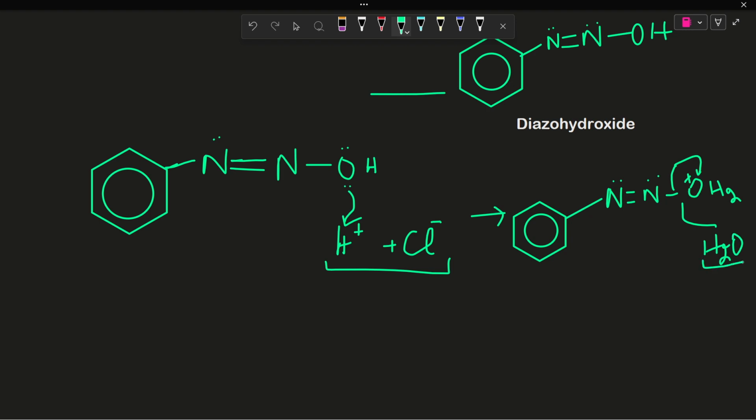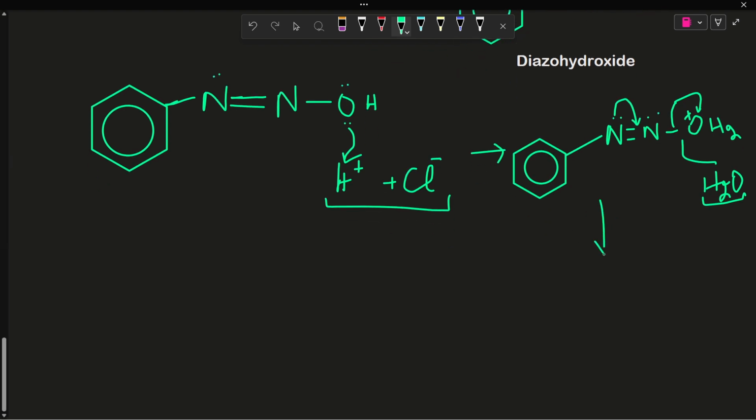After releasing water, we'll have this nitrogen giving its lone pair to form a bond between these two nitrogens. So what we will get is something like this. Sorry for the shapes that are going on. I don't know why I'm not able to draw them right away, but still let's keep trying.